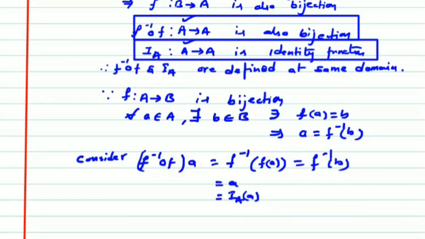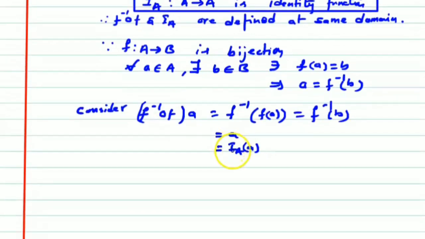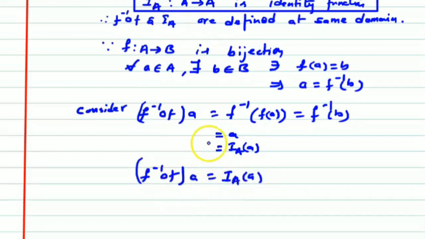Therefore, f inverse circle f of a is equal to I_A of a. Since they are defined on the same domain, and for every element a in the domain A, f inverse circle f of a is equal to I_A of a, at the end we can conclude that f inverse circle f is equal to I_A.